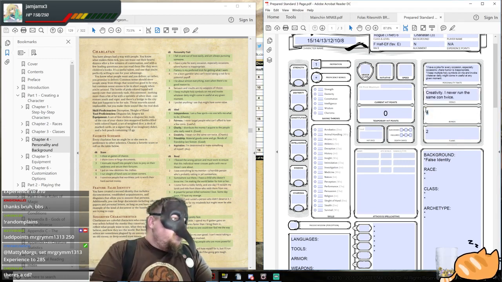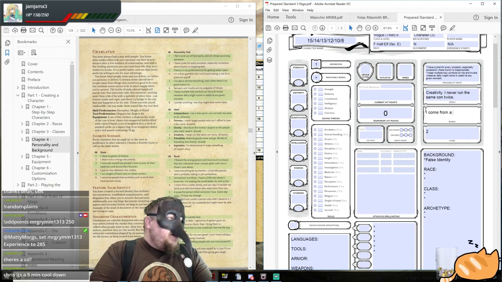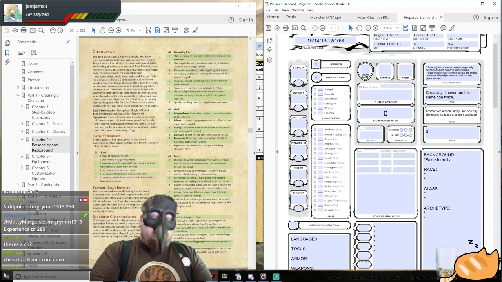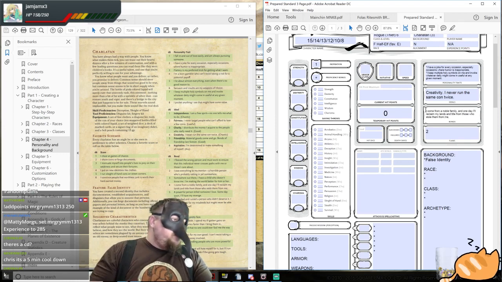Her bond is 4. I come from a noble family, and one day I'll reclaim my lands and title, pardon me, from those who stole them from me.